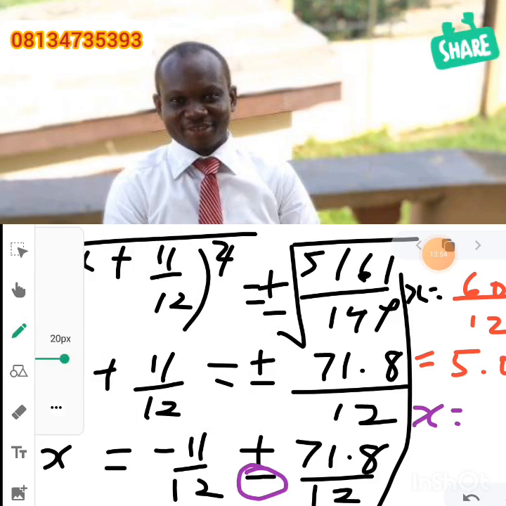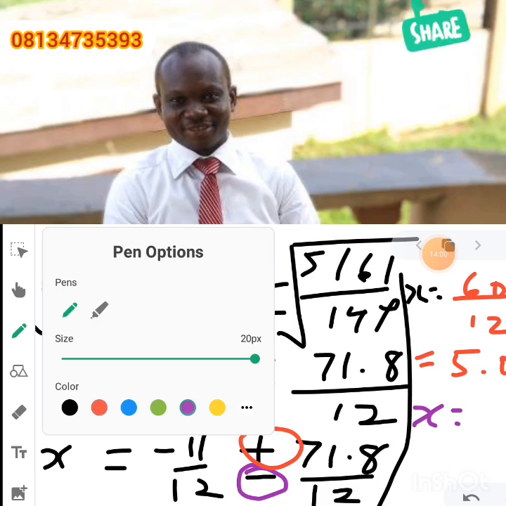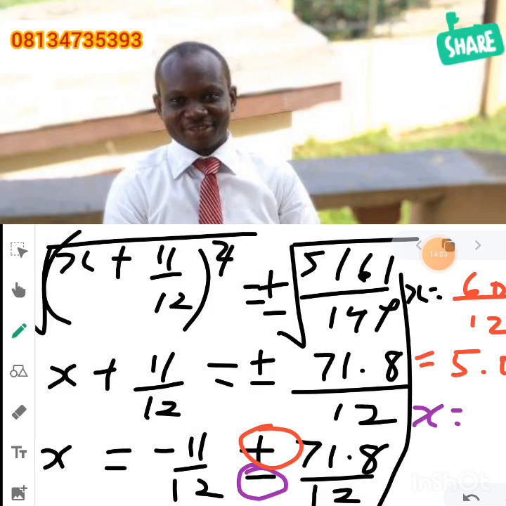So we have the next one now, which is the second value of x: minus 11 minus 71.8, which means you have to add both together. So 71 plus 11 will give us what? That is 82, so minus 82 over 12.